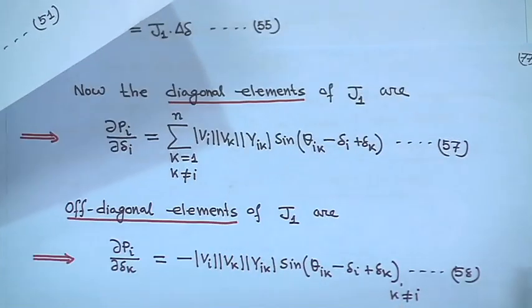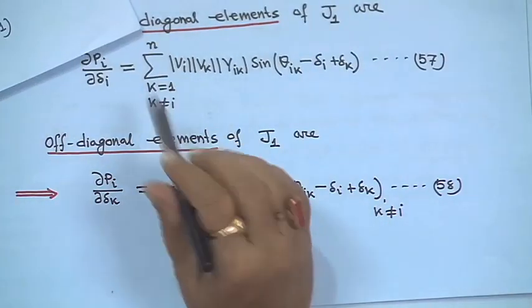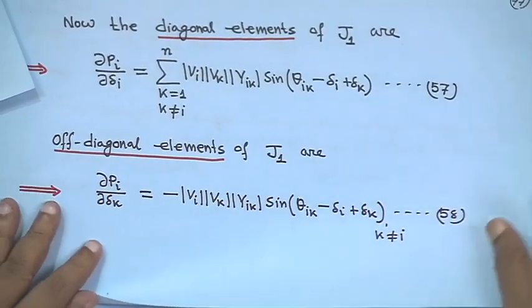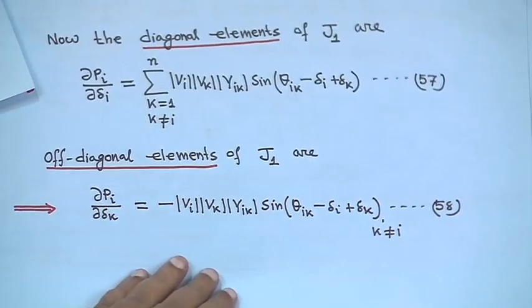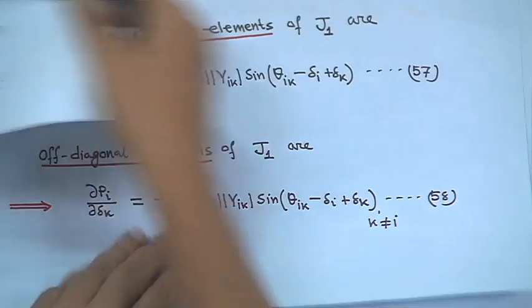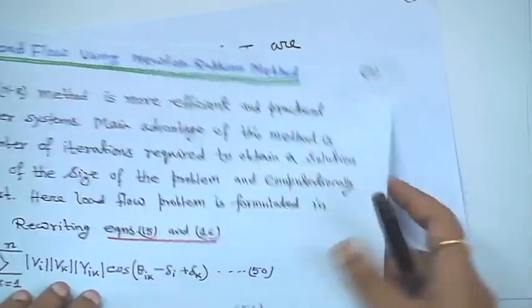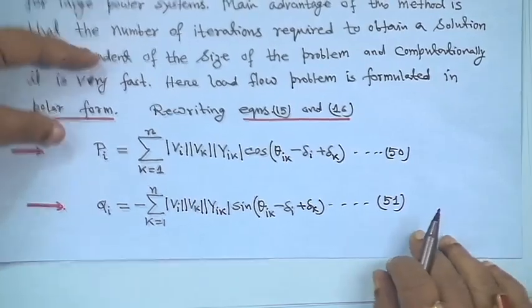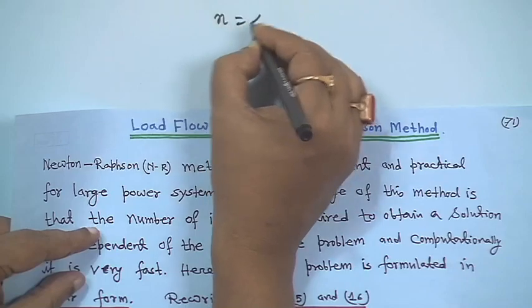Now, the question is, why does this summation come, right? Just for your understanding, take this equation. Let us suppose n is equal to, say, 4.